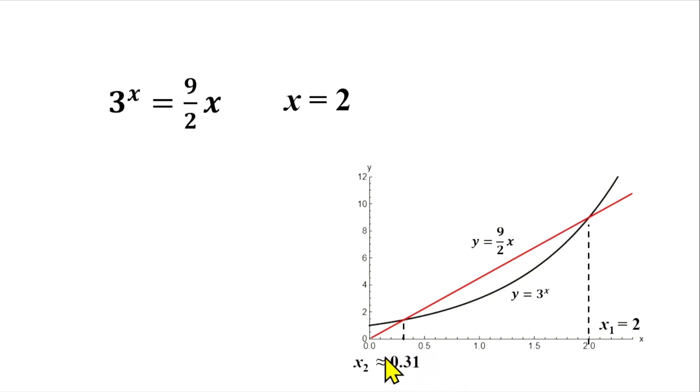And indeed, if you plug this number into the equation, you will see that this is approximately the root of this equation. So without this analysis, we would miss the additional root of the equation, so the problem would not be solved.